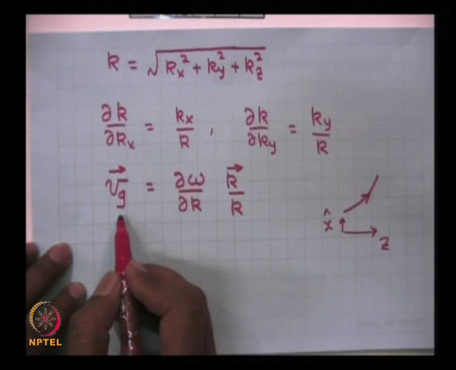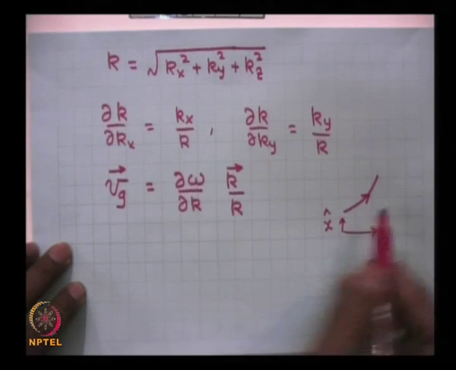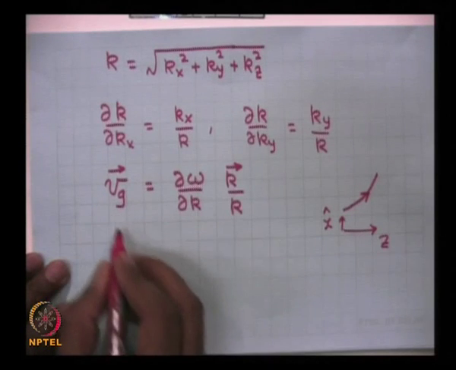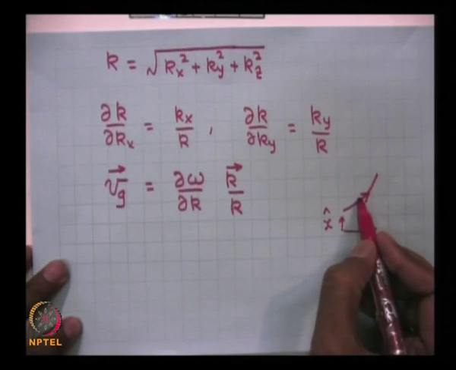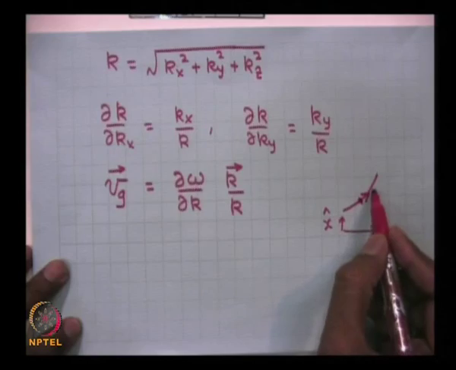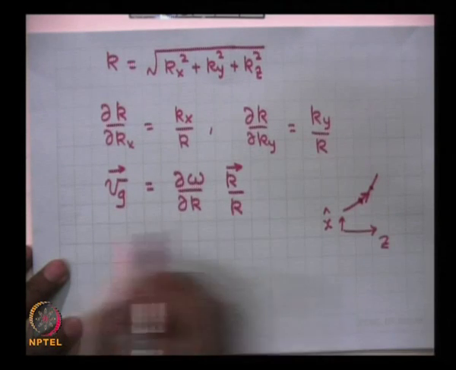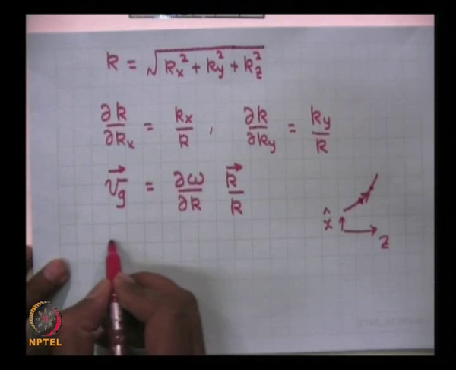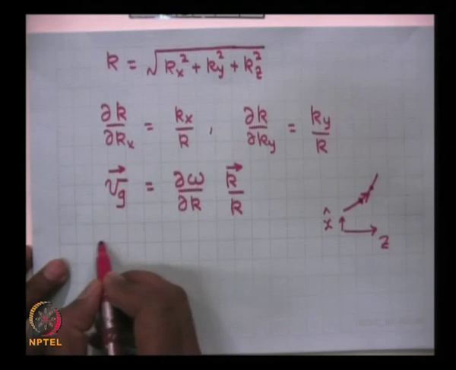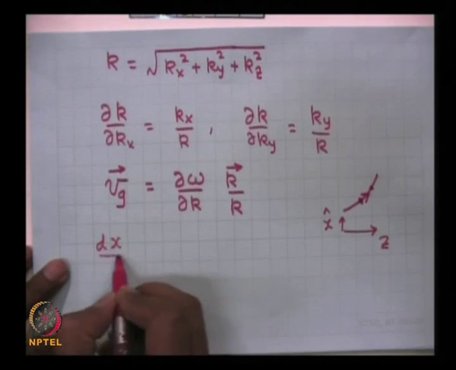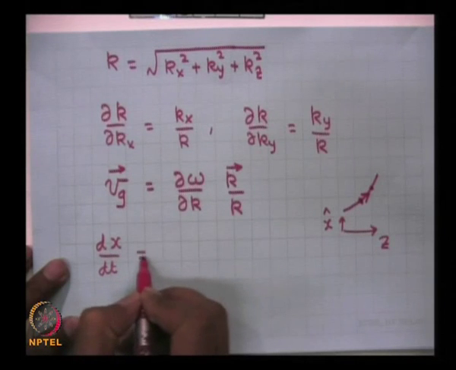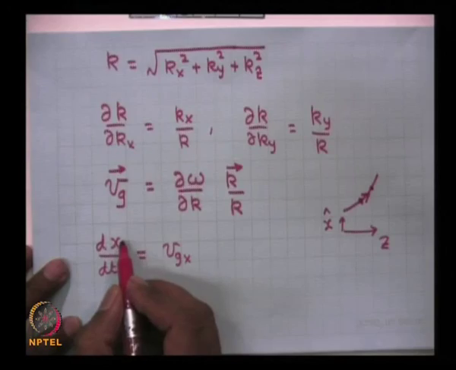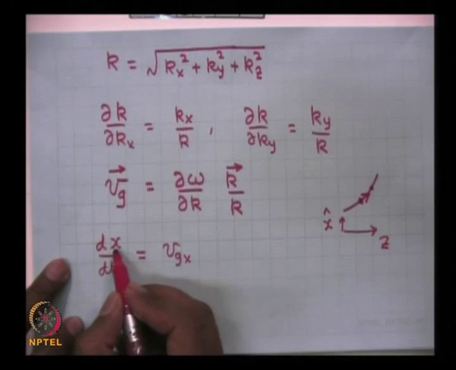So, Vg has x component and z component also. What happens? I can write down the ray trajectory, because when the ray goes, the point moves from here to here. So, the distance travelled by the electromagnetic wave in the x direction, dx by dt, is equal to Vgx.